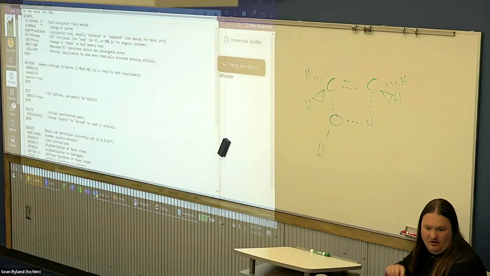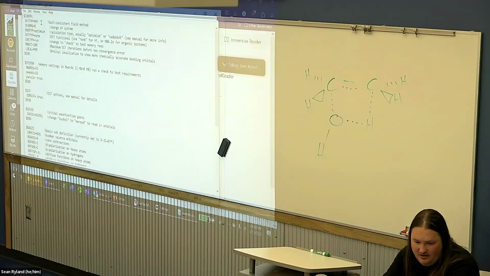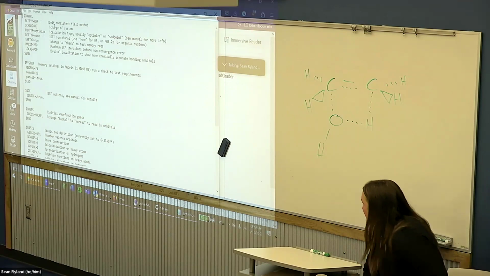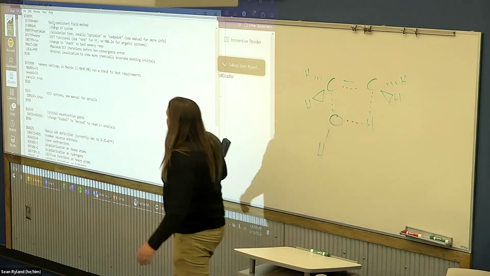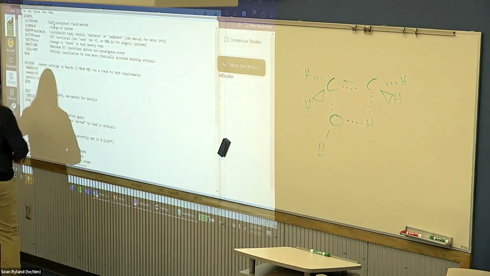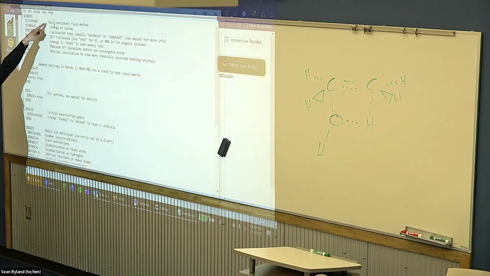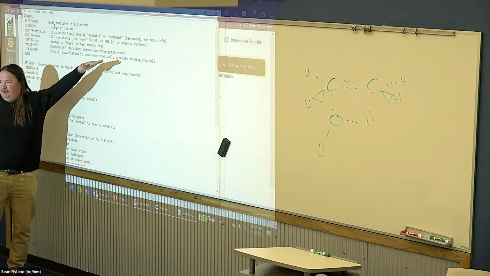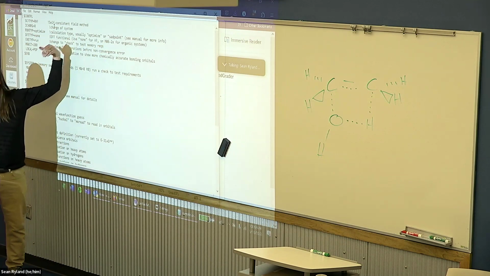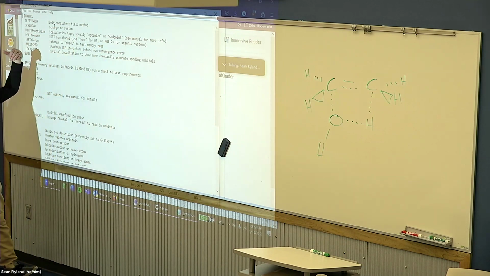This is the sample opt RHF. Anytime you see these exclamation points, this is called commenting or commenting something out. When you hit an exclamation point, that's telling GAMESS to ignore the rest of the line that comes after that, so that we can leave ourselves notes, like charge of system, calculation type.